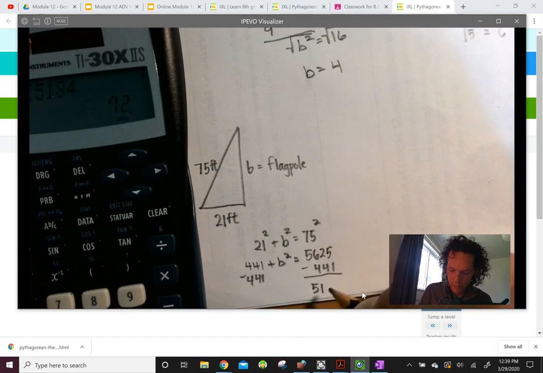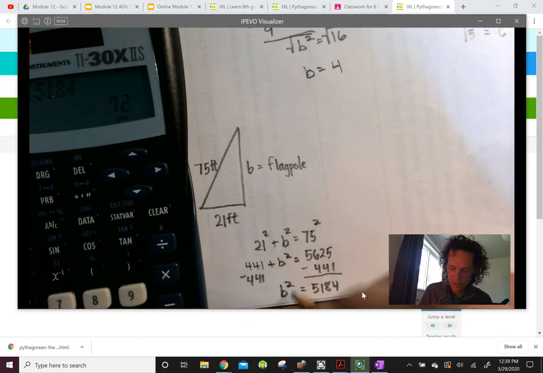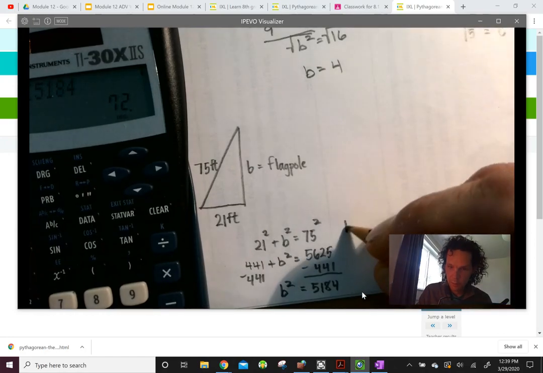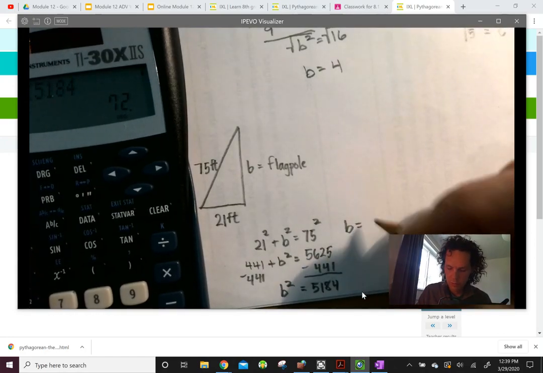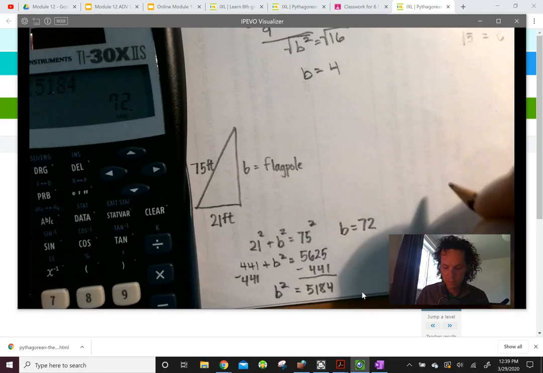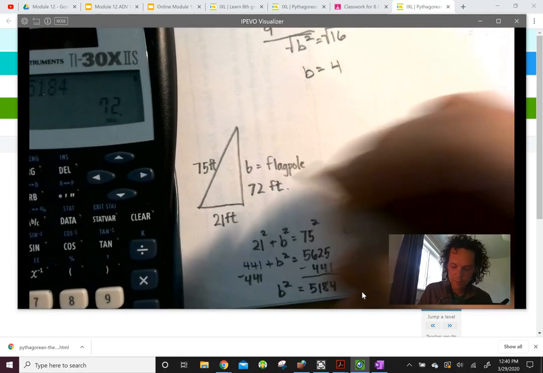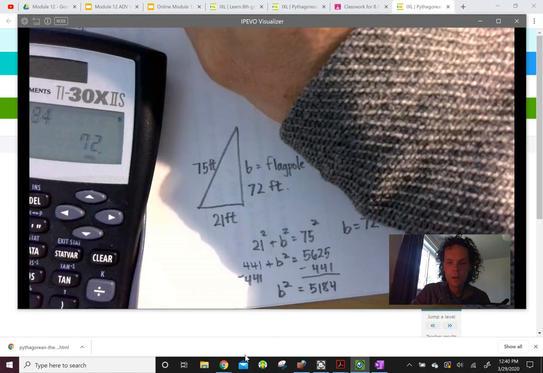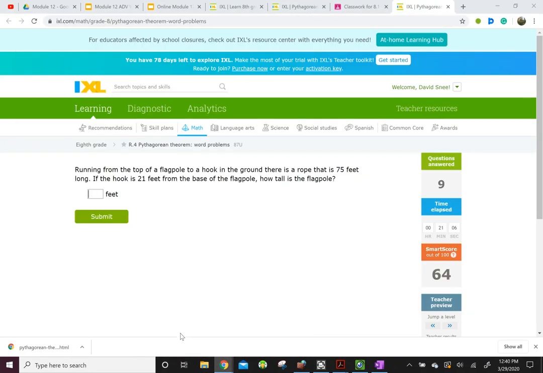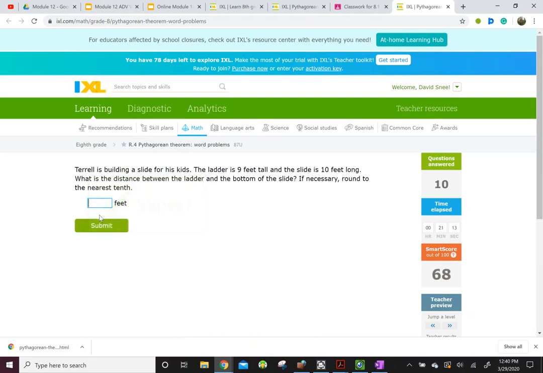So 5,184 equals b squared, and b equals 72. So the flagpole is 72 feet tall. Let's go back in here and try that out. 72 feet. So we are at 68. We're going to do one more.